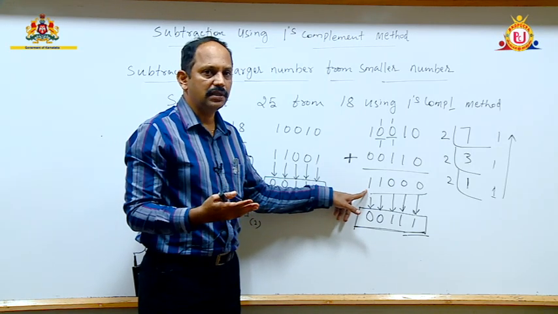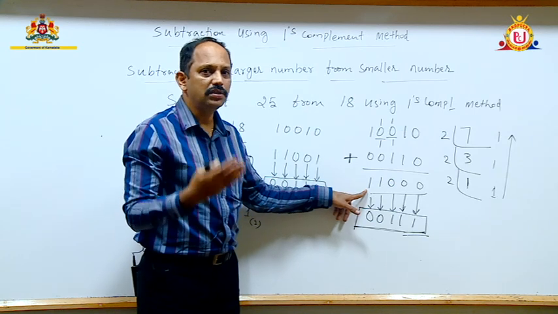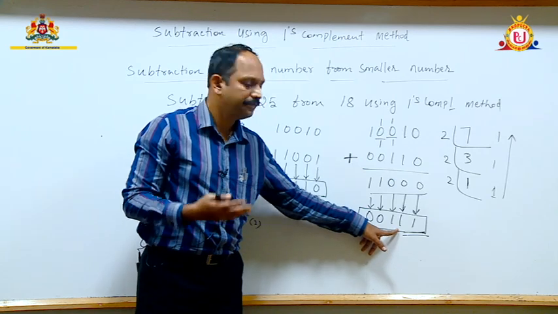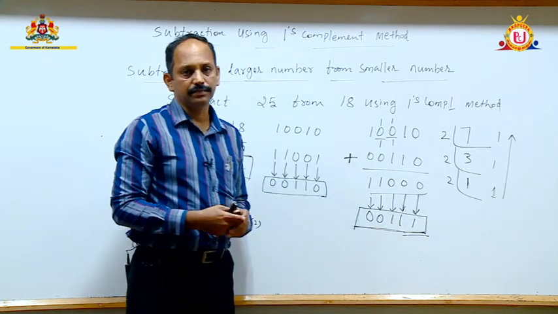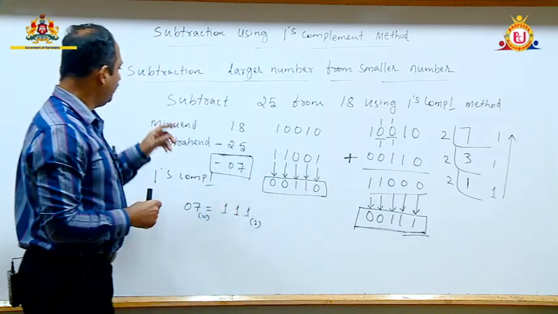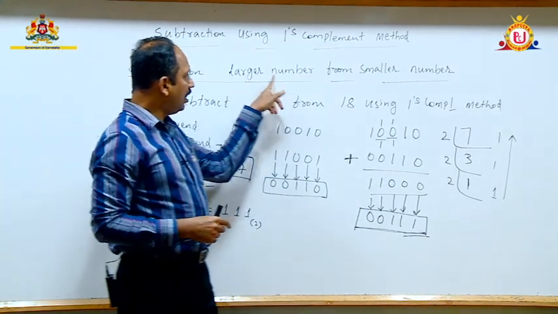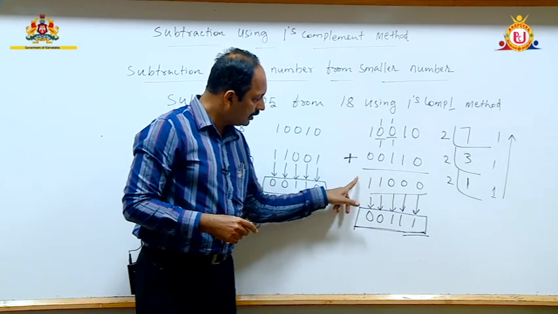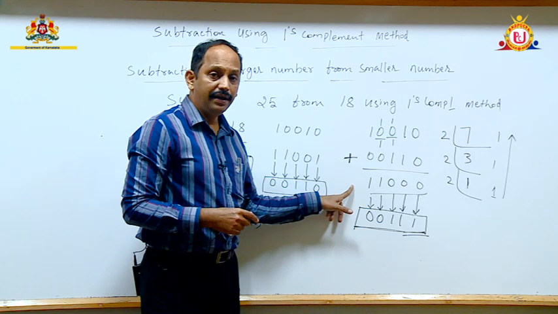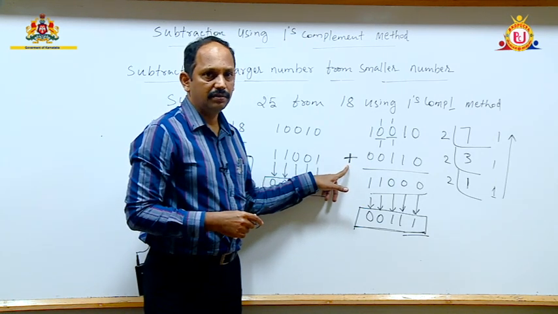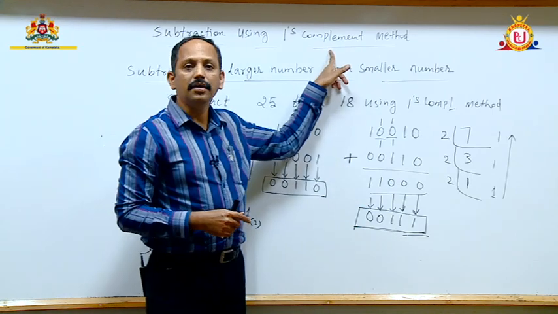The recomplement is nothing but calculating the ones complemented number again, and that is the final answer. One more thing you should remember: whenever we subtract a larger number from a smaller number, we don't get the extra end carry bit during the addition operation using the ones complement method.